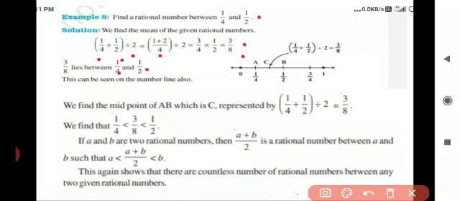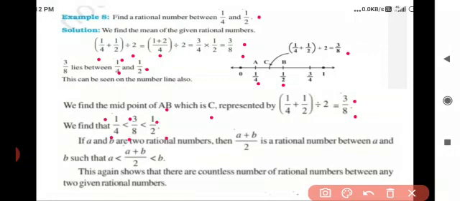This can be seen on the number line also. See the number line. Between 1 by 4 and 1 by 2, you can write 3 by 8. We find the midpoint of AB, so the midpoint is C. It represents 3 by 8. So we find 1 by 4 is less than 3 by 8, which is less than 1 by 2.